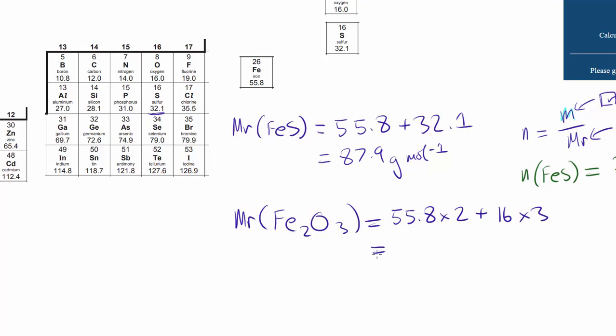Okay, so if you have a go at that and work out what that would give you, you should find that you get 159.6, okay, and that's going to be in grams per mole.